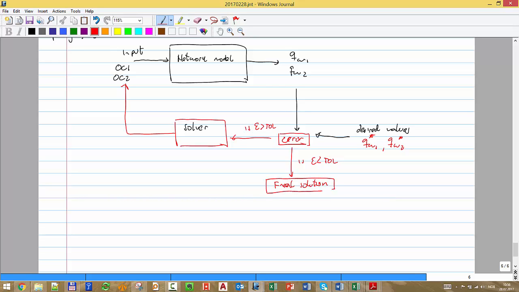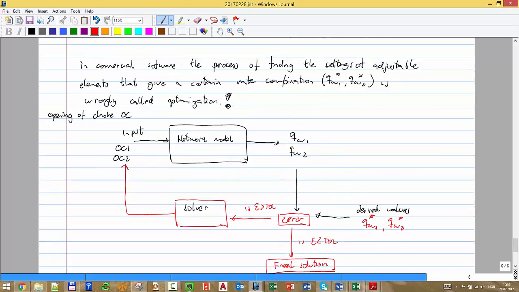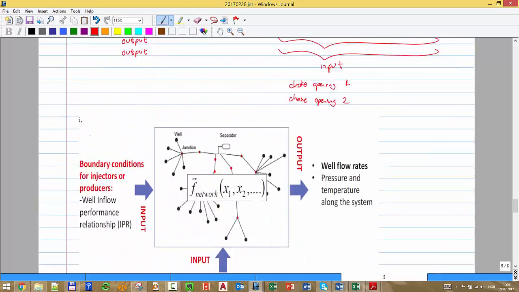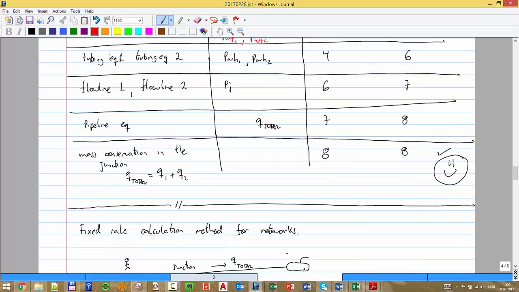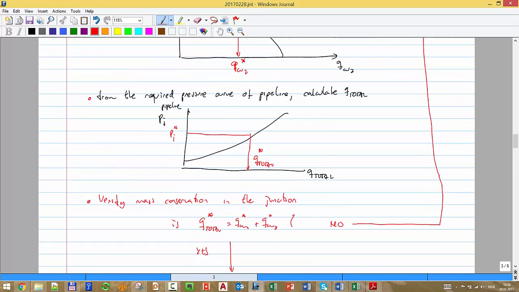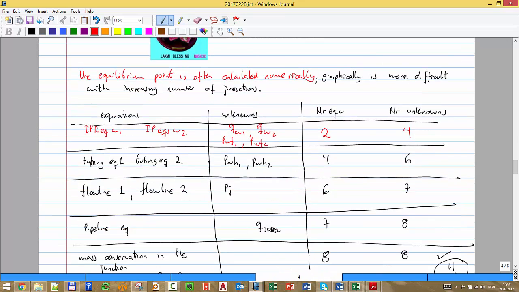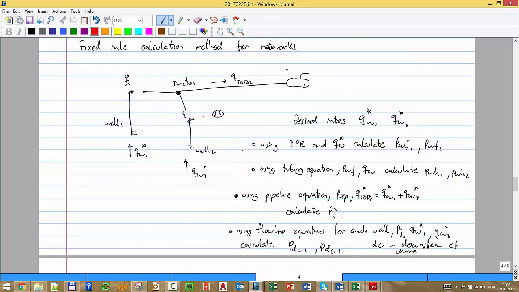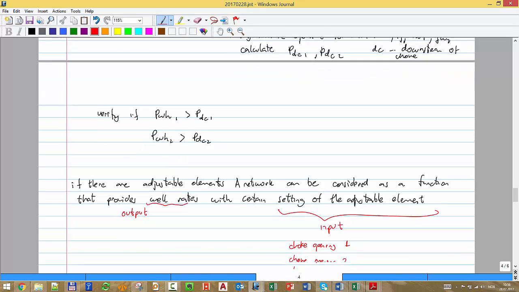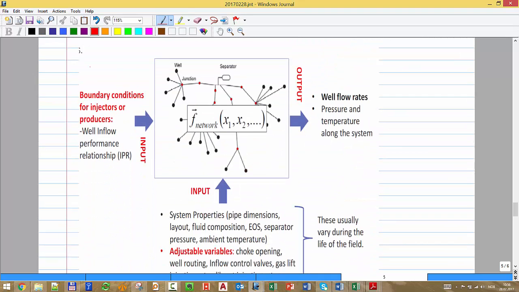Okay, but just to make you aware, in the network we're going to have one example where we make this equilibrium calculation. We're going to do it in Excel. We're not going to use the curves, we're going to use the equations. We're going to see how you find it, and then we will see another example where you fix the rate and try to find the delta P. When we go to GAP, for example, to commercial tools, you will see this way of thinking about the network is very useful.